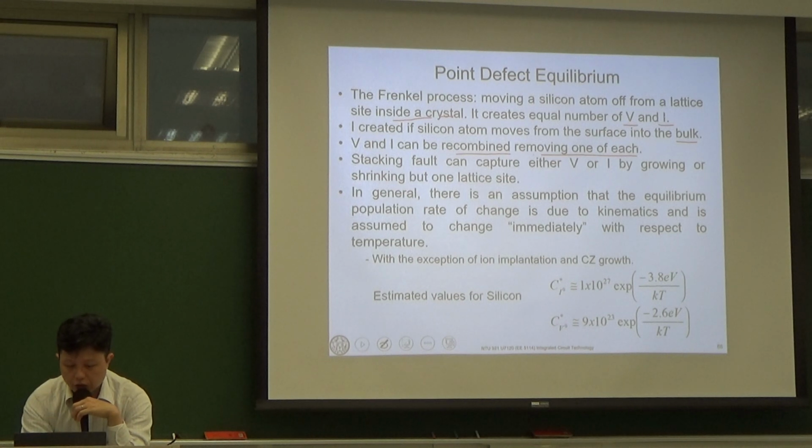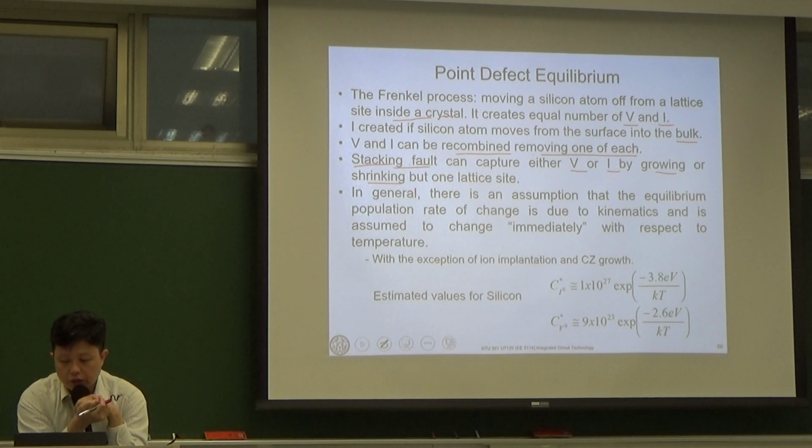And also we have stacking faults, which can capture either V or I by growing or shrinking by one lattice site, which means V and I will segregate to certain points, especially where you have a stacking fault.